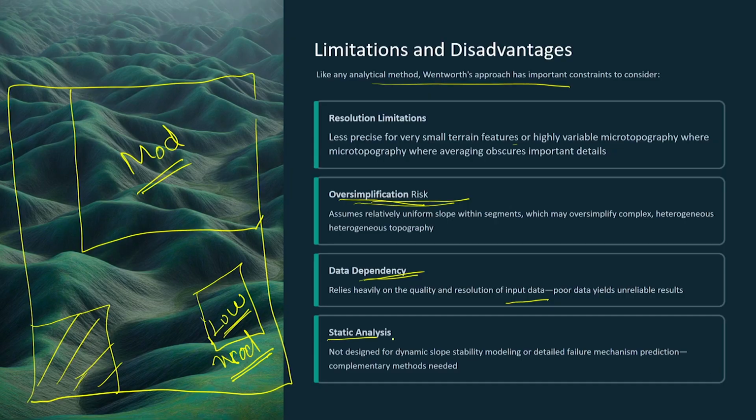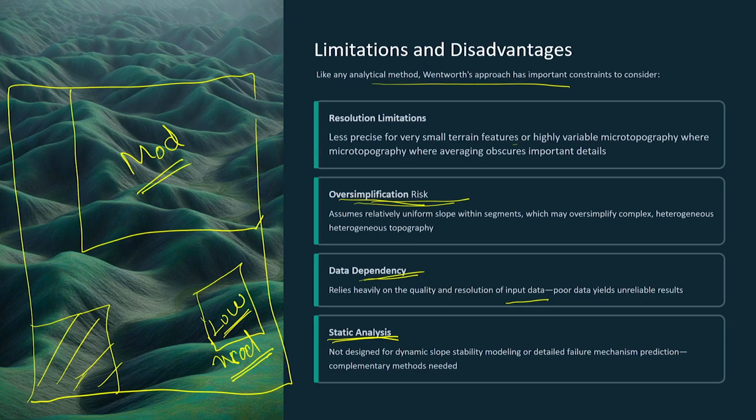Last part, it is static. Wentworth's method is not something that will allow you to study change as it happens. So, it is not designed to study dynamic slope stability or what your modern GIS does.